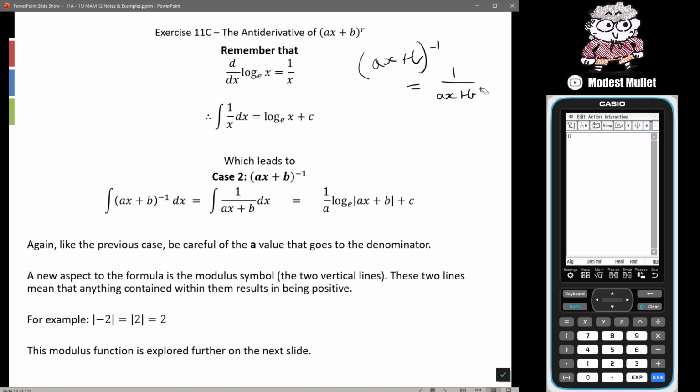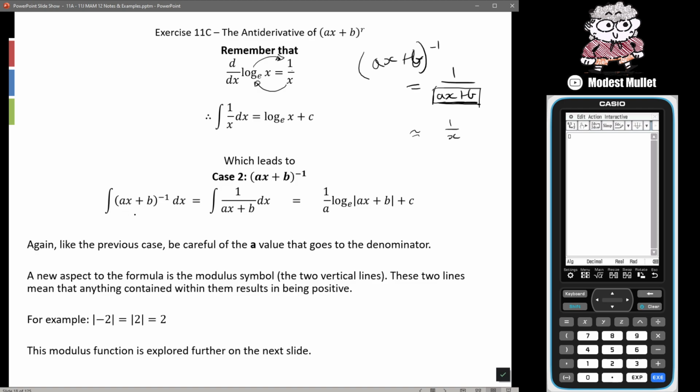We want to look at the most simple form of that, which is just 1 on x, which we've dealt with. If we differentiate log e to the x, we get 1 on x. So if we anti-differentiate 1 on x, we get log e to the x. What happens if we go back to our original case, where we've got this linear subfunction, ax plus b all to the power of negative 1?